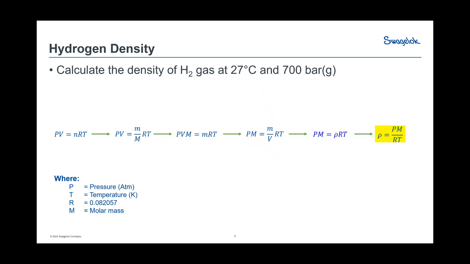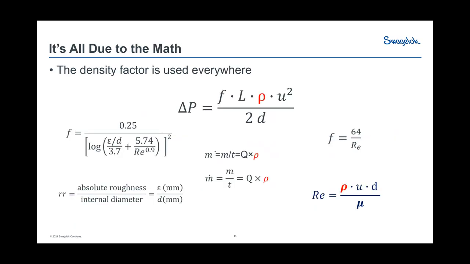So if we don't have our Z factor here and we're not using it, what will happen is you can have errors in all the rest of your formulas. So here are the other formulas that we get into all the time. We get into Reynolds number, we get into friction coefficients. The two M's in the middle are for volume. The top one, the delta P, is our pressure drop, and there's rho right in the middle. So if your rho number is wrong, your pressure drop calculations are going to be wrong.